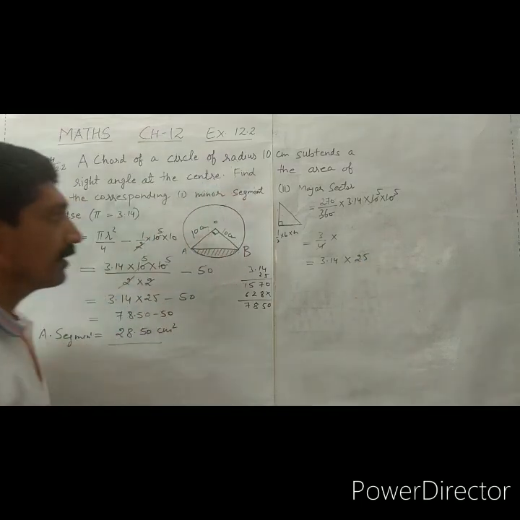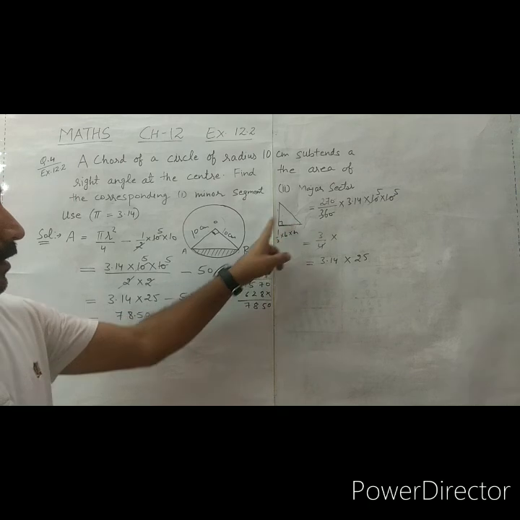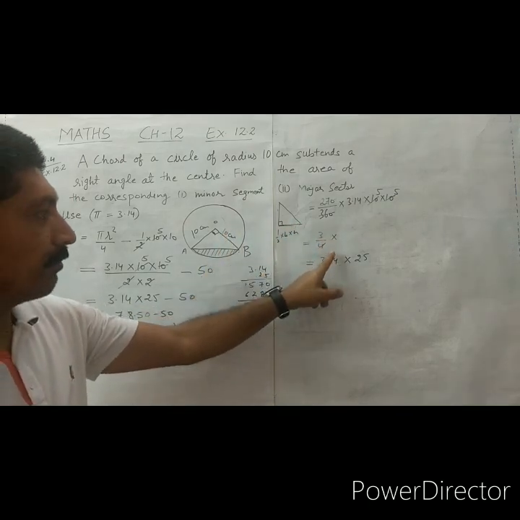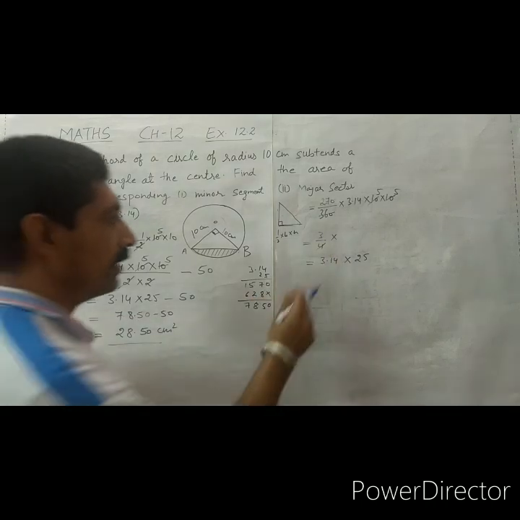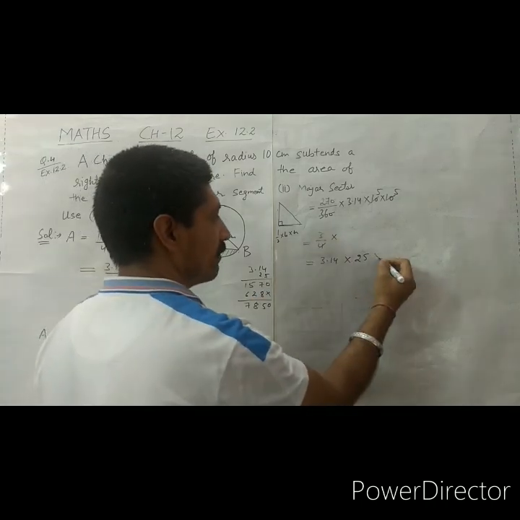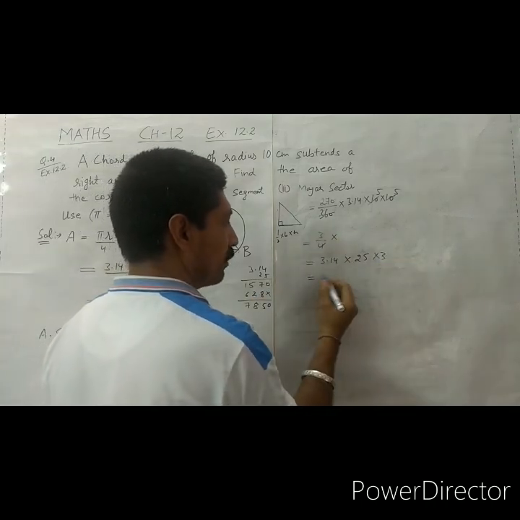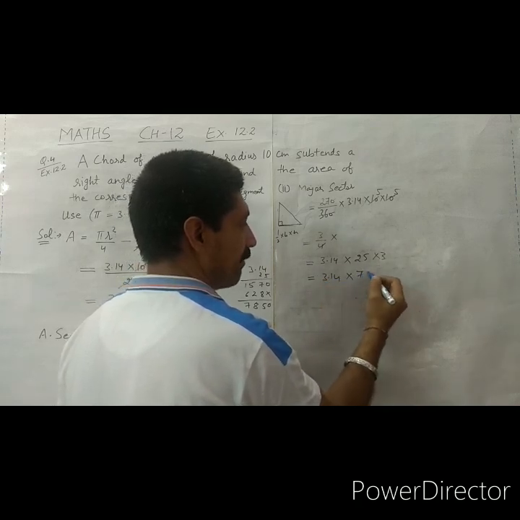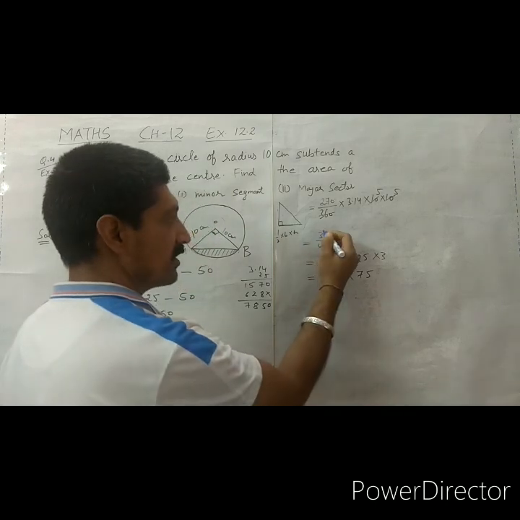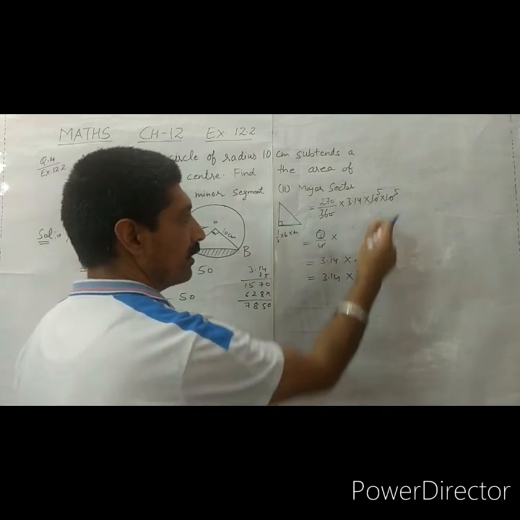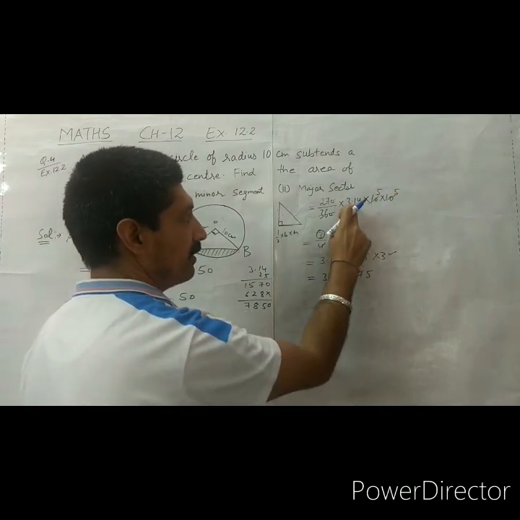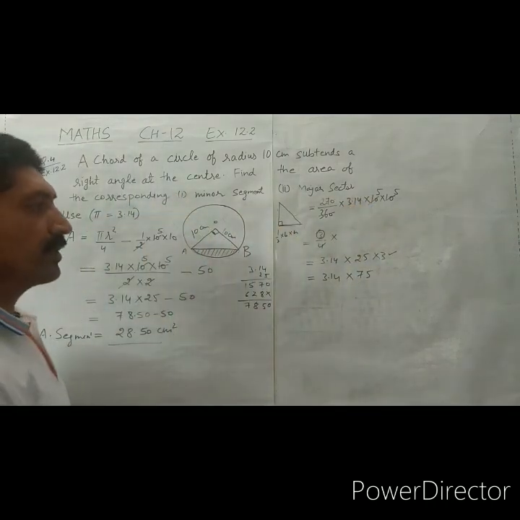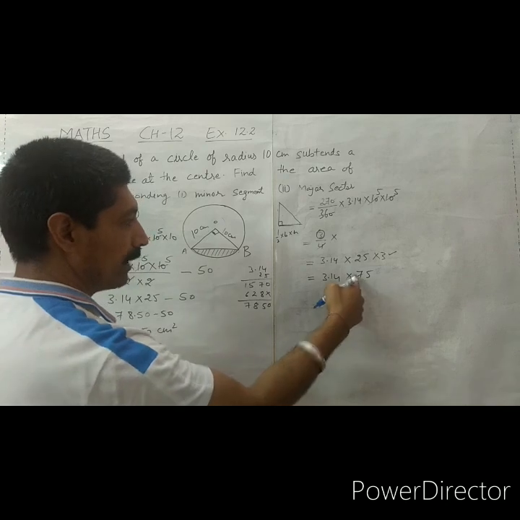So here the area is 3/4 and 3 is also here we have. So final calculation we have 3.14 into 75. 5 into 5, 25 and 3.14. The value of pi is 3.14. So we have to go for one more calculation.